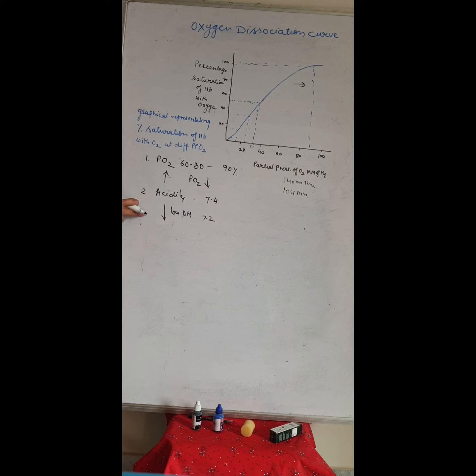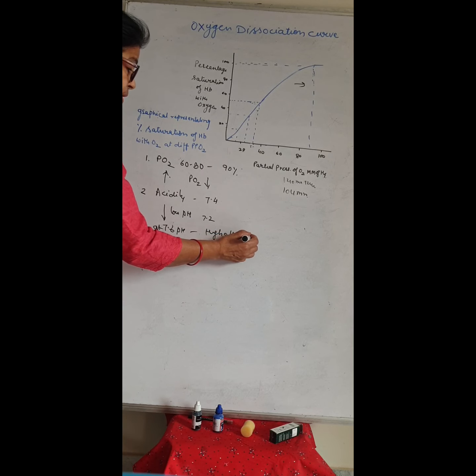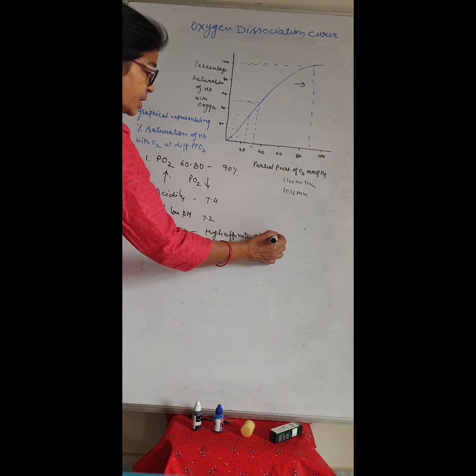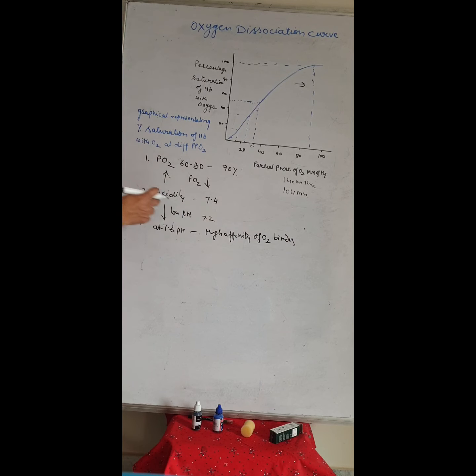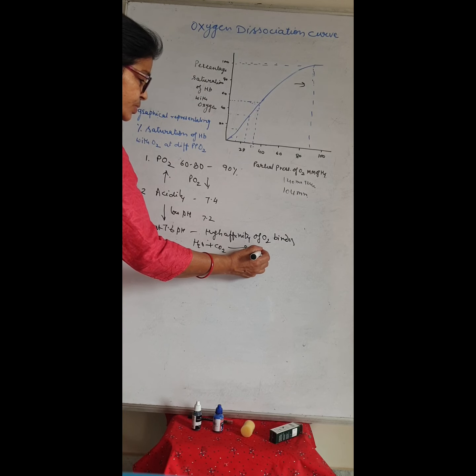At high pH, for example 7.6, there is high affinity of oxygen binding. At lower pH, the affinity is less, because as we have discussed, H2O plus CO2 is equal to H2CO3.